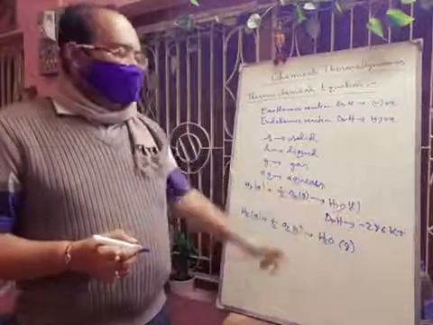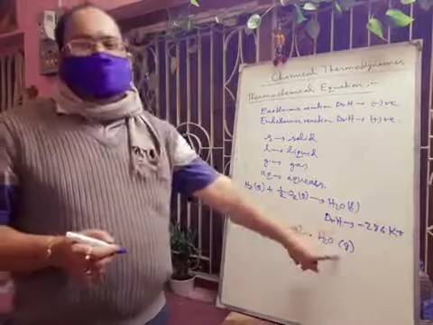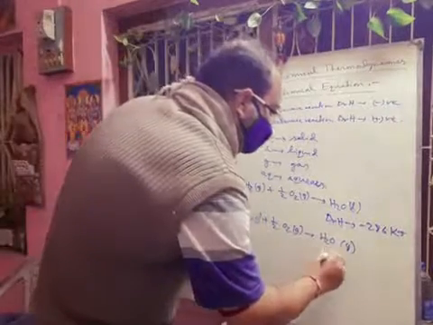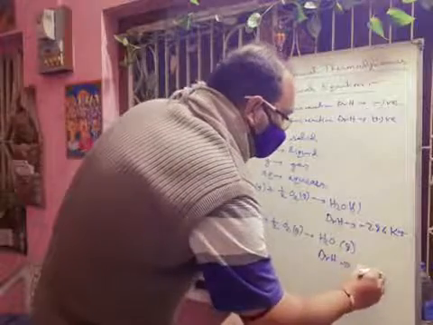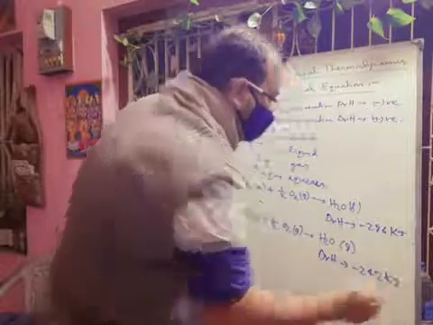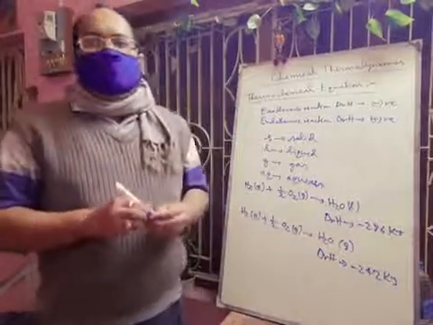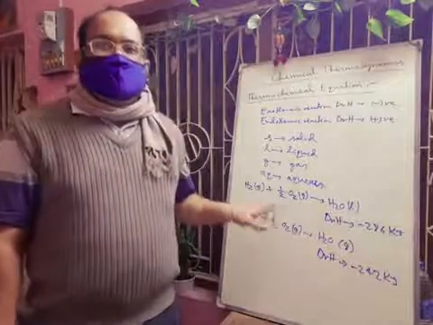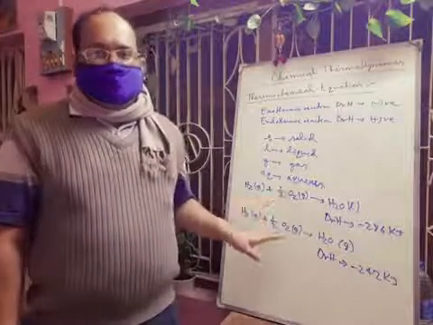In case of liquid it will be a different value, in case of gas there will be a different value. Here it will be around delta RH minus 242 kilojoule per mole. In this way we can easily understand the thermochemical equation.